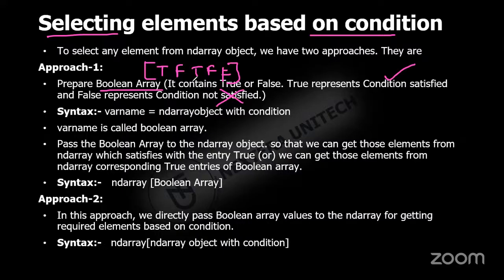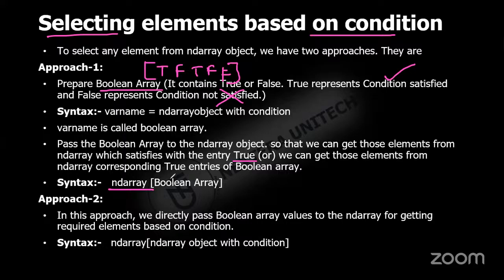By using this array, we pass this Boolean array to the ndarray object. If you observe the syntax, ndarray of bool array. The array object I'm using, if I pass the Boolean array to it, what exactly happens is it will return only the elements which contain the value true.